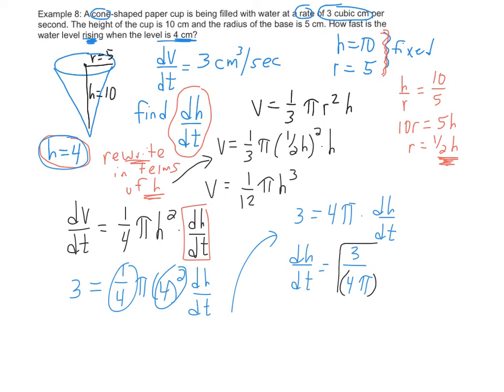So here's our exact answer, and that would equal 0.239. So this is a rate at which the height is changing, or the water level is rising. So centimeters per second would be our final answer there.